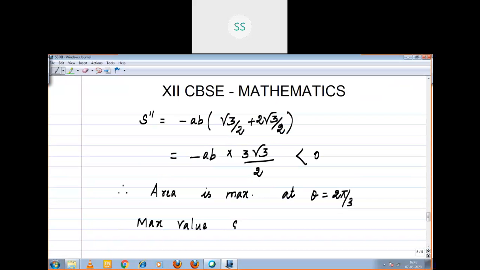S equals AB into sine 2 pi by 3 minus 1 by 2 into 2 sine 2 pi by 3 into cos 2 pi by 3.